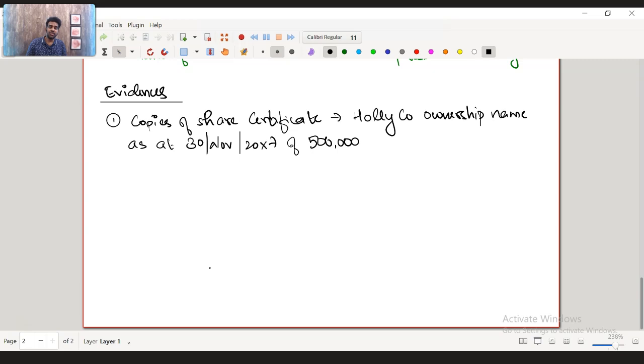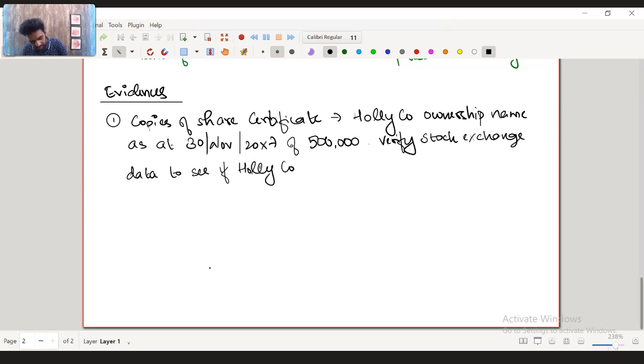If Wholly Company is a listed company, then you can also verify the stock exchange data to see if Wholly Company's name is mentioned as owner of Buddyco.